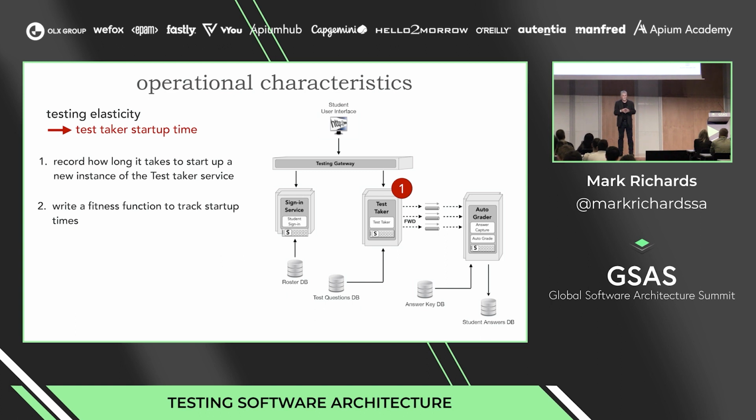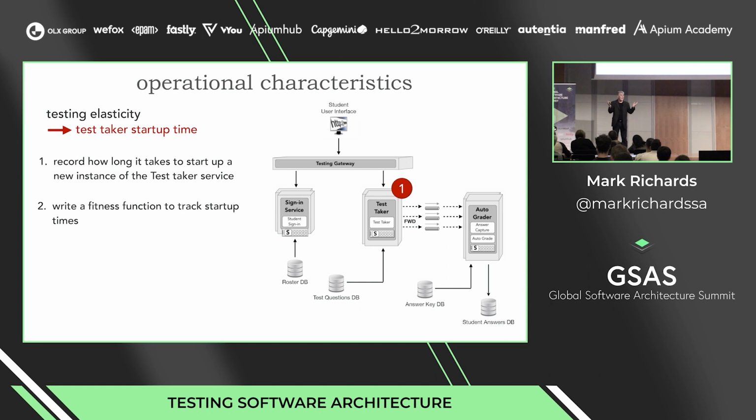How fast can I respond to that immediate increase in user load? And that's a function of something called mean time to start, MTTS. The slower it takes a service to start up, the less responsive that system will be. If I have 200 classrooms that unfortunately all start the test at the same time, oops, I could not have predicted that.